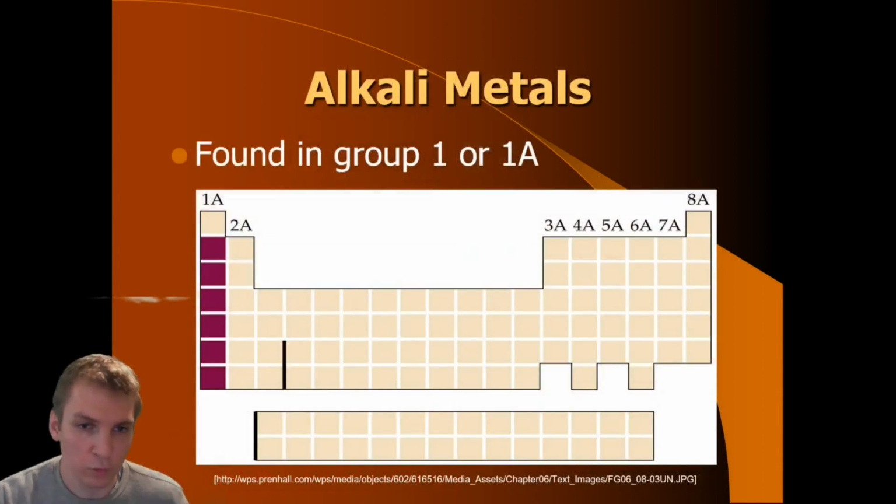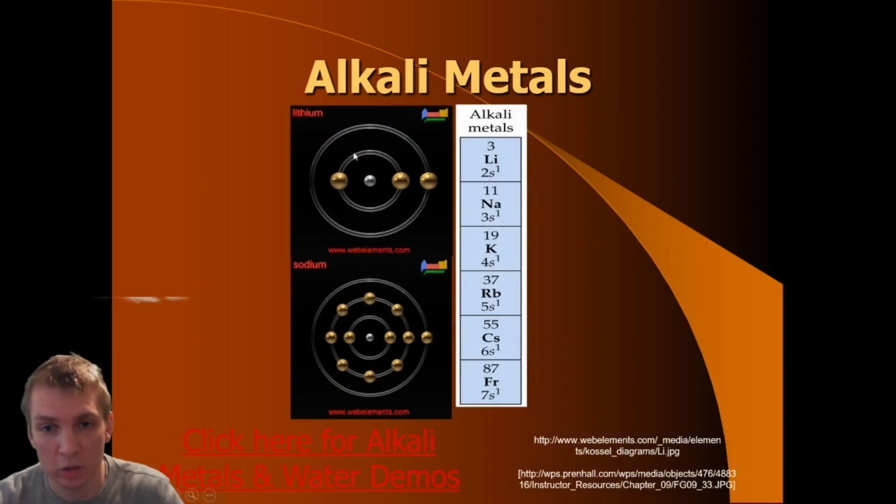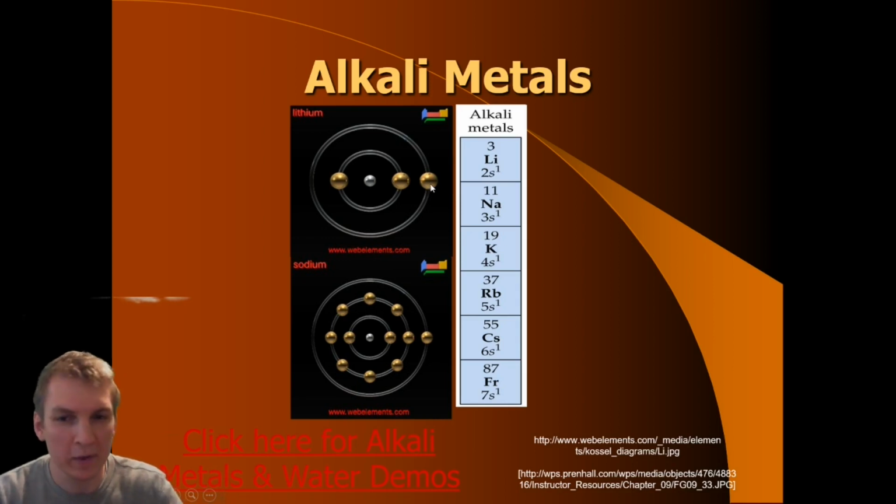Since they are in group 1A, how many valence electrons do they have? They have one valence electron. This is what that looks like. If I were to draw a simple Bohr model of the atom, which is technically an incorrect model, but that's okay, we can see that they all have one valence electron.